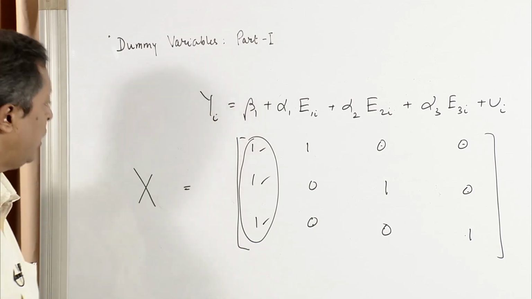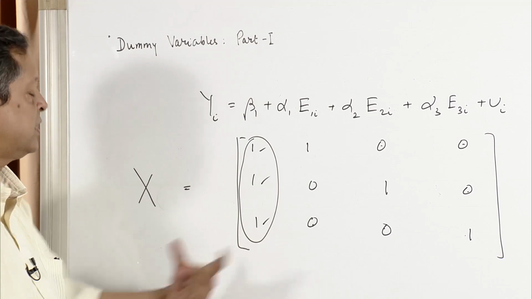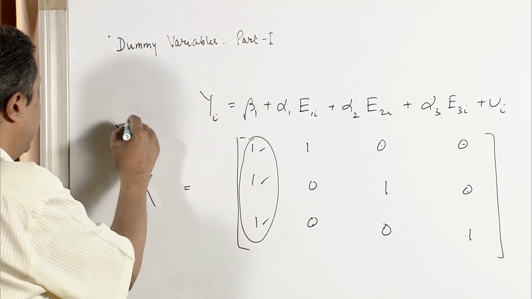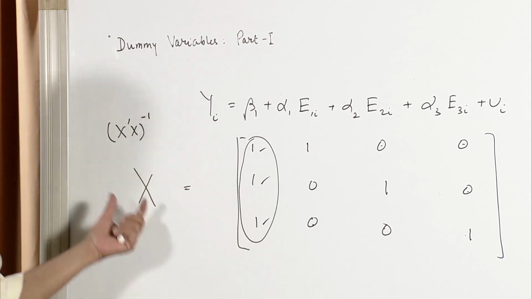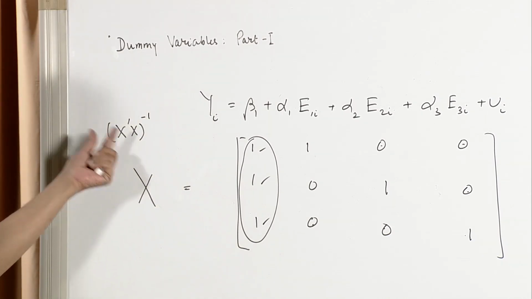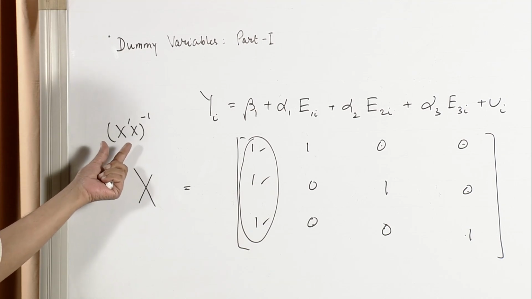Therefore, we cannot get the determinant of x prime x, and therefore, we cannot get x prime x inverse.